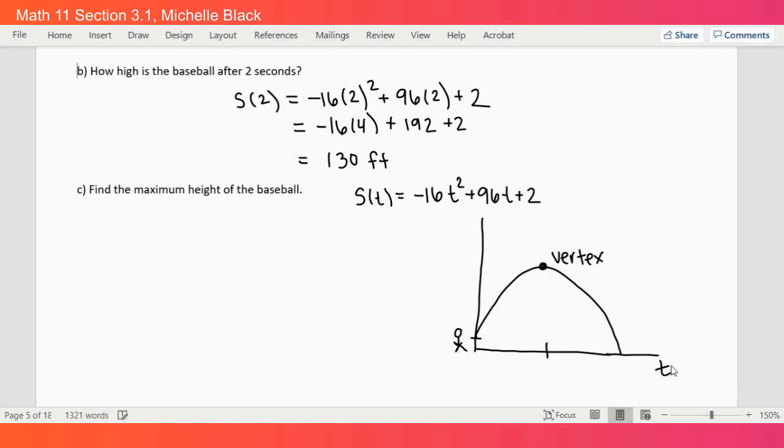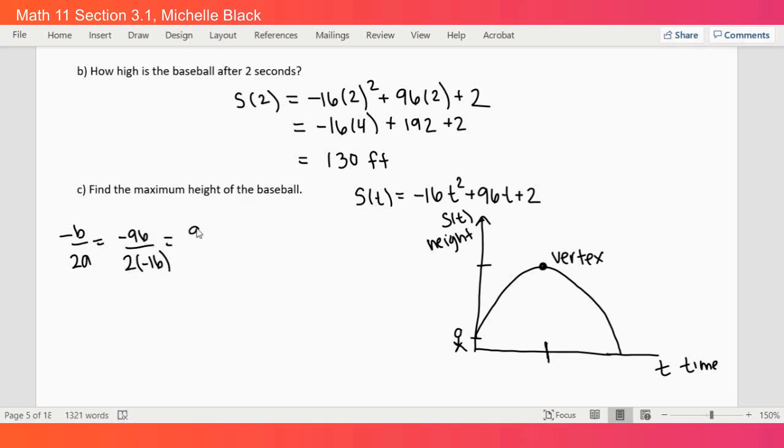Down here I have my t coordinate, which is the time. But over here where I normally have y, I have my s of t, which is the height. I want to find the maximum height. So I don't just want to find the x value or the negative b over 2a. I want to figure out the y value. So when I plug negative b over 2a back into my function. All right, so negative b over 2a, well, our b is 96. So negative 96 over 2 times our a, which is negative 16.